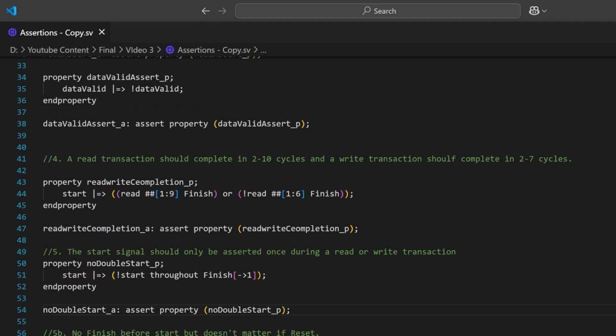So the condition is very simple. It should remain deasserted whenever it sees the transition of finish.